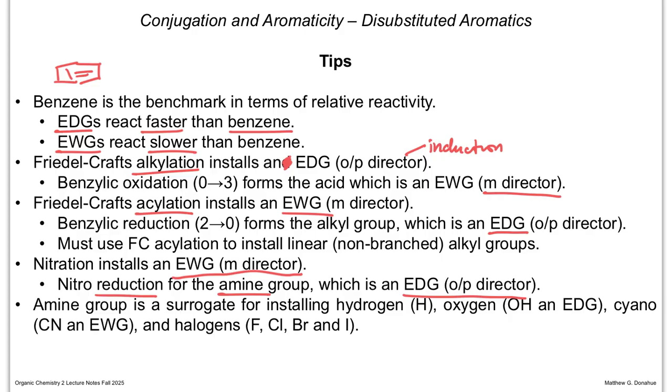So that's the nitrile. And then we can access the other halogens, fluorine or iodine, or if we need to, we can use chlorine or bromine at that point. So those are the tools that we can use.